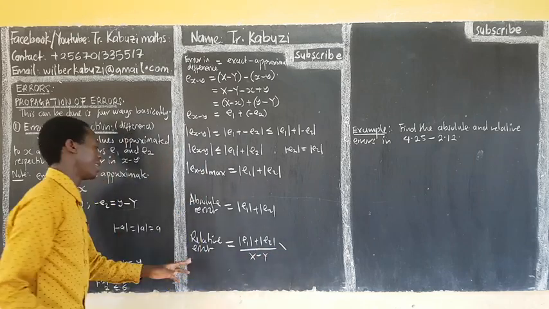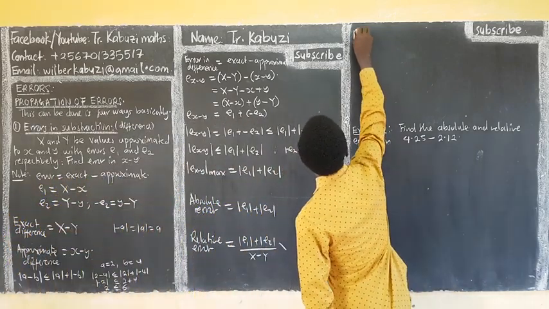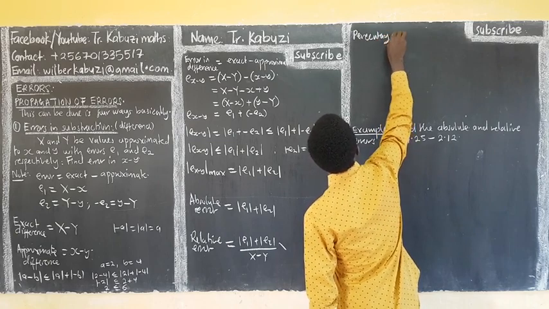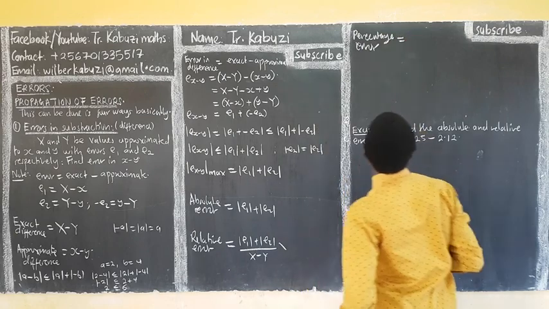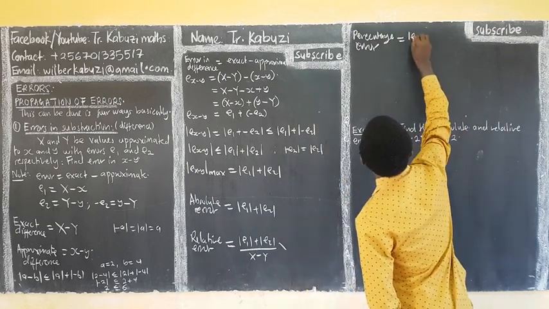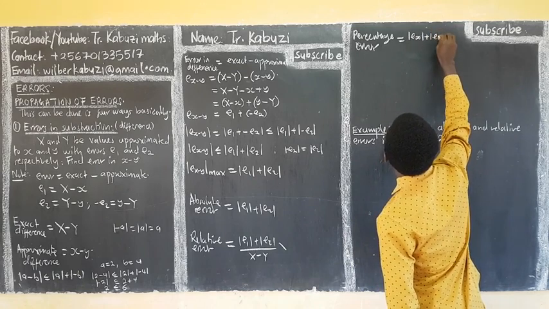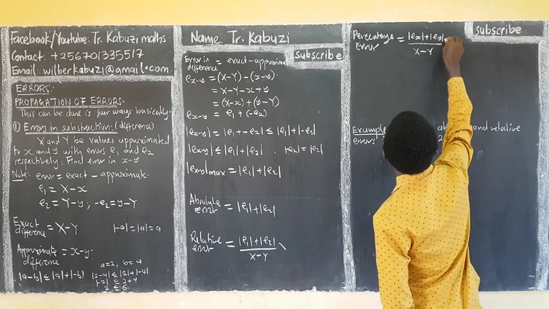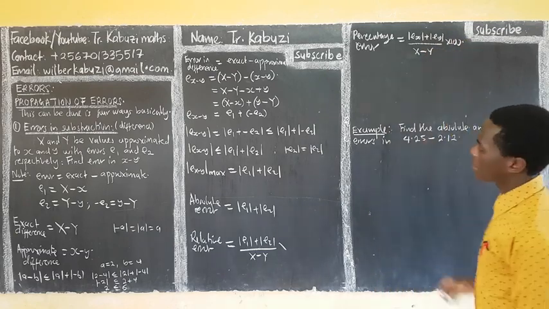Then I want to get the percentage error in the difference. The percentage error is the relative error expressed as a percentage, multiplied by 100. These are exact values.